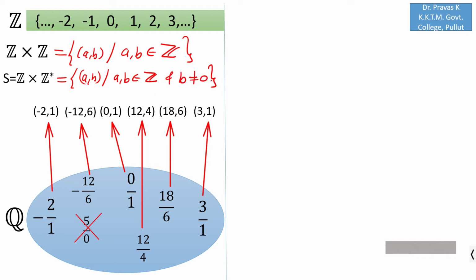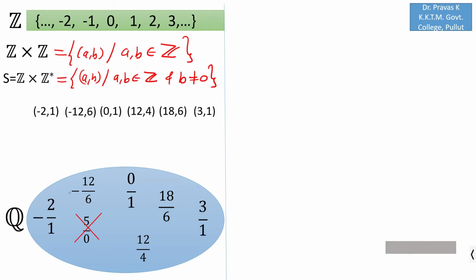So it becomes the collection of all (a, b) where a, b are elements of Z and b is not equal to 0. Now this is not enough, for minus 2 over 1 is equal to minus 12 over 6, but the corresponding ordered pairs are not equal. Similarly, you can see the equality of other rational numbers and the inequality of the corresponding ordered pairs.